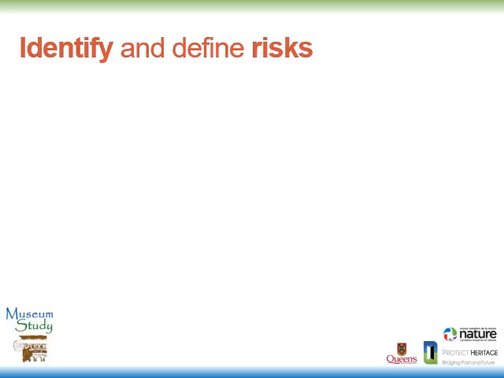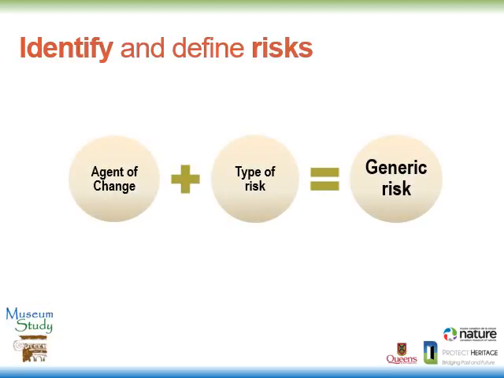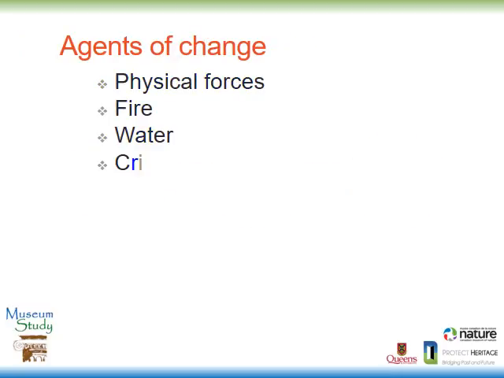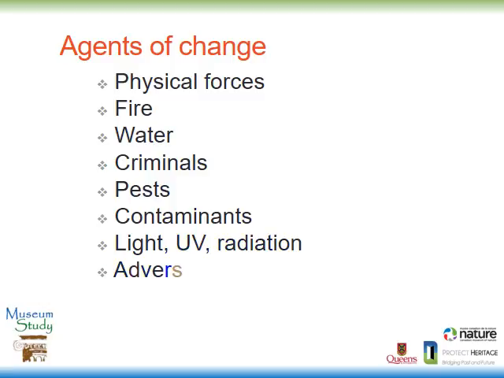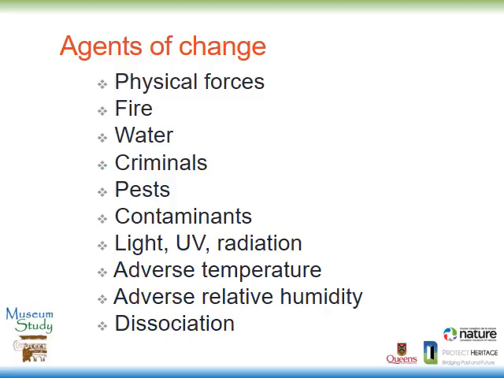Let's start with the idea of identifying risks. We consider risks to be the combination of an agent of change and a type of risk, leading to what we call a generic risk. Now, agents of change, sometimes called agents of deterioration, have been made popularized by our Canadian Conservation Institute.